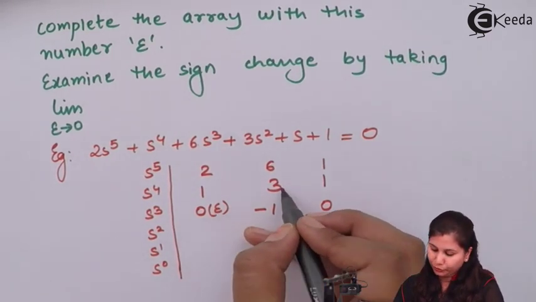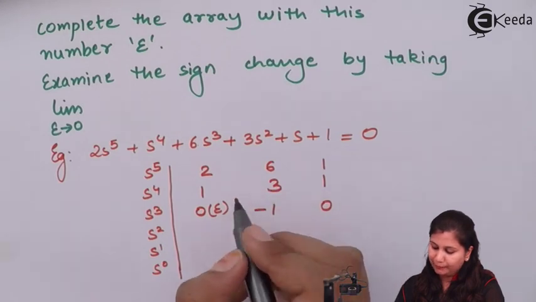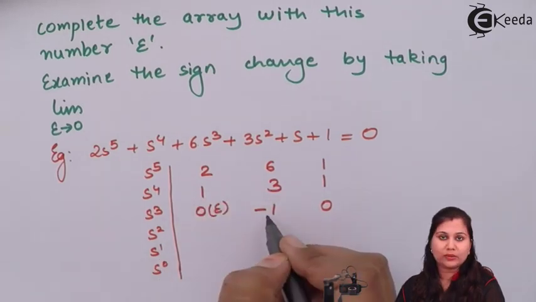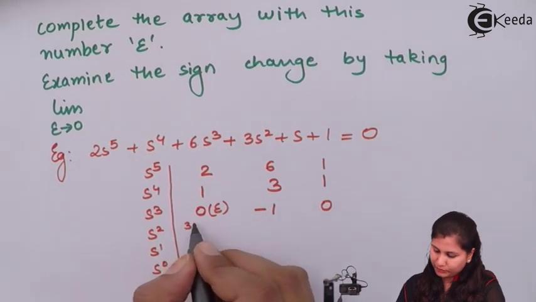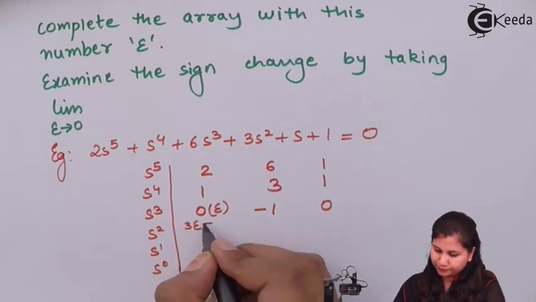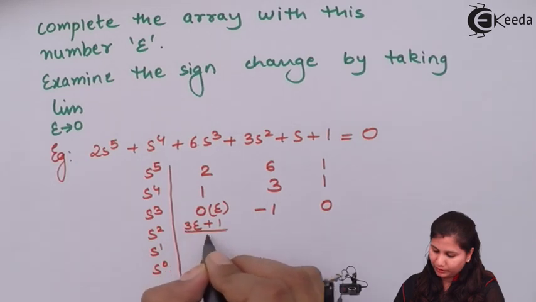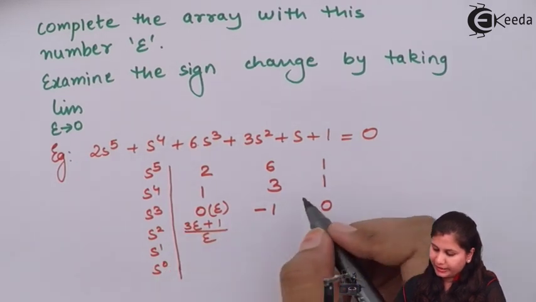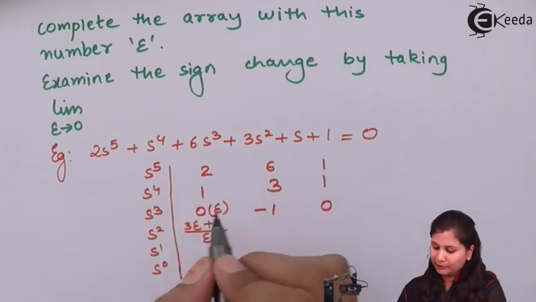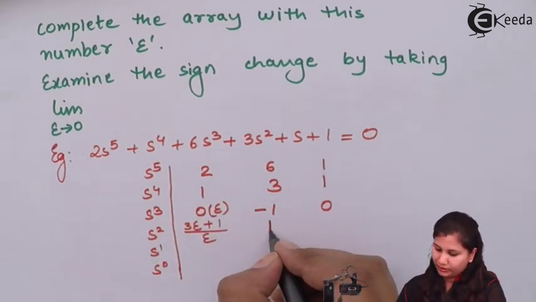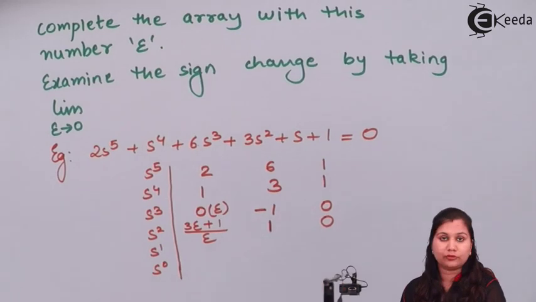So epsilon into 3 minus 1 into minus 1, so it will be plus 1, divided by epsilon. So s squared will be 3 epsilon plus 1 upon epsilon. Then next we will have (epsilon into 1 minus 1 into 0) upon epsilon, so it will be 1. Next we will have 0.